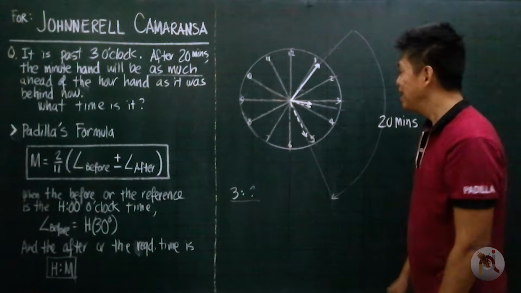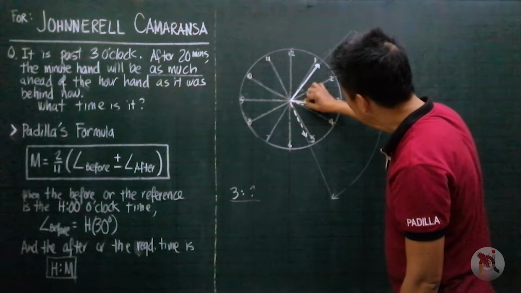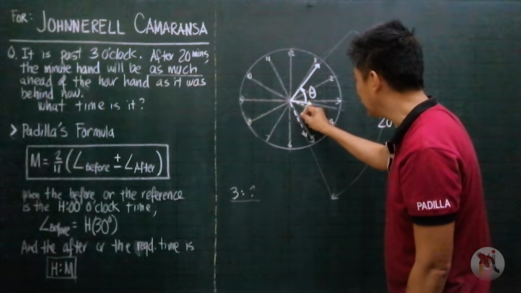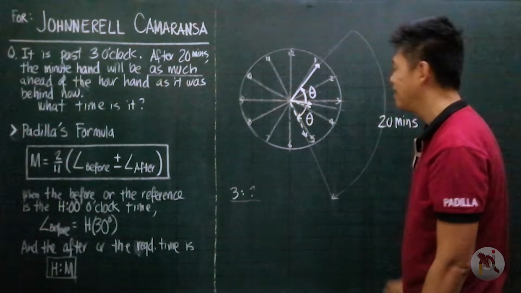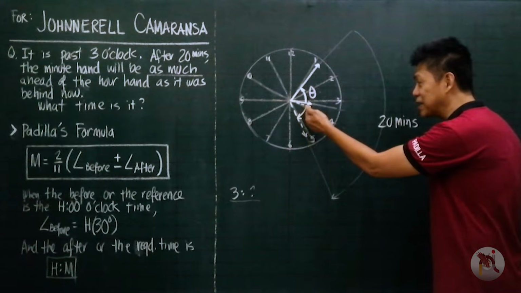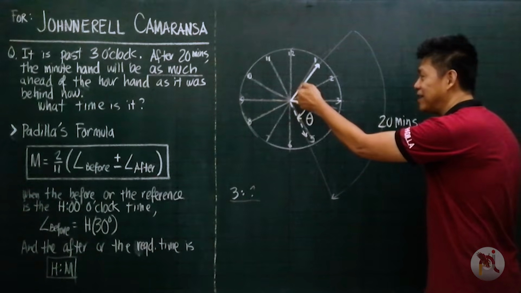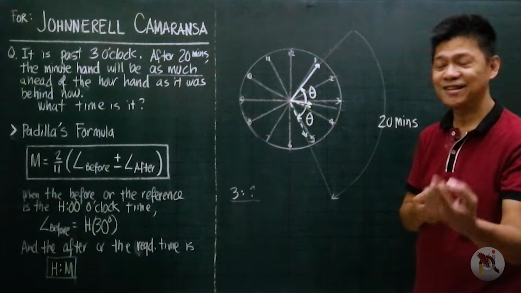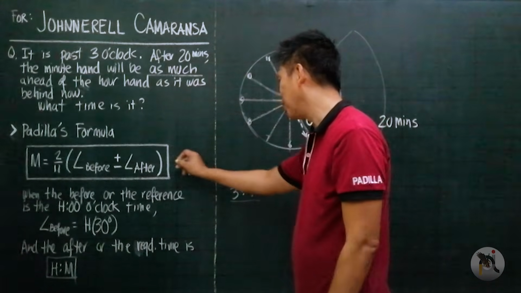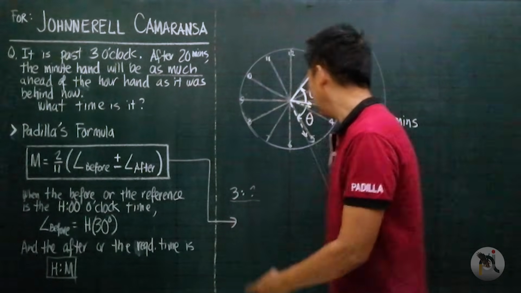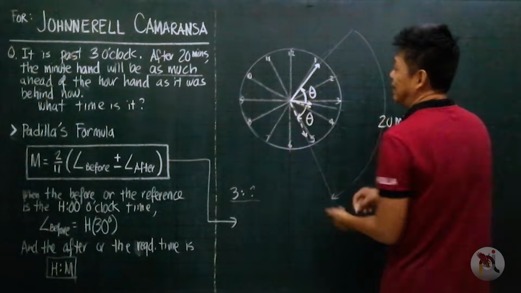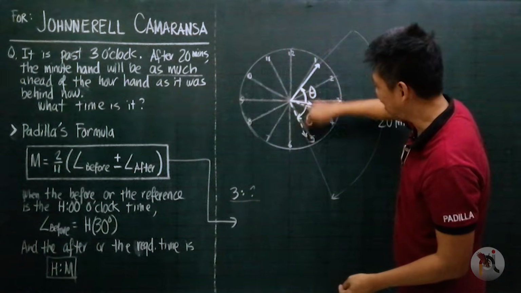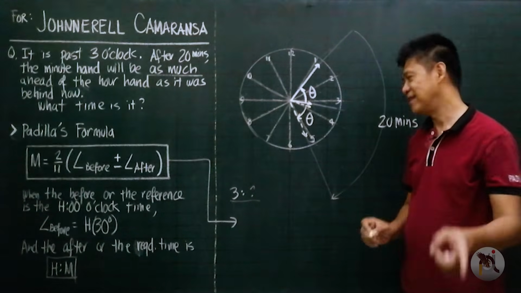So the problem says, if this angle between them is theta, the angle after is also theta. The minute hand will be as much ahead as it was behind now. What is theta? Now, applying the pure form of Padilla's formula, the before is the solid line, the after is the dotted line.